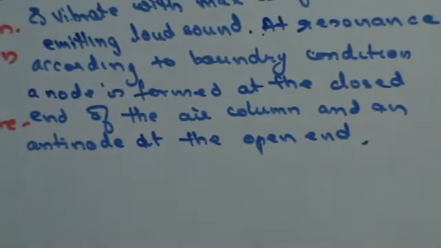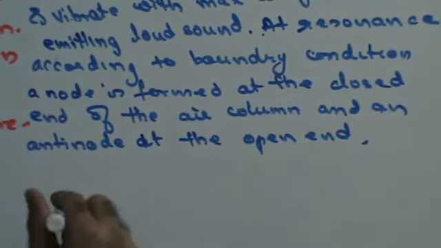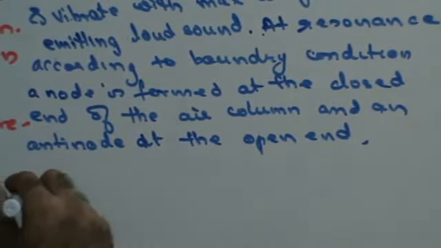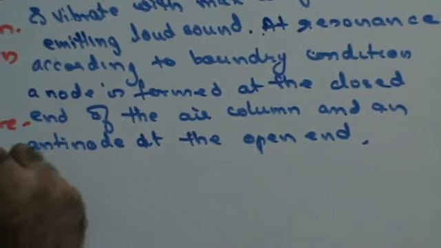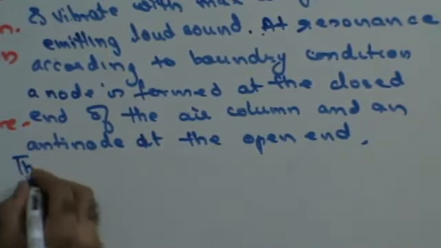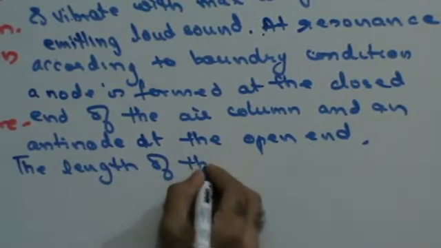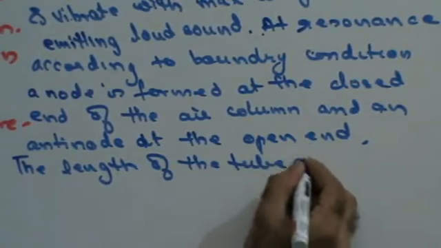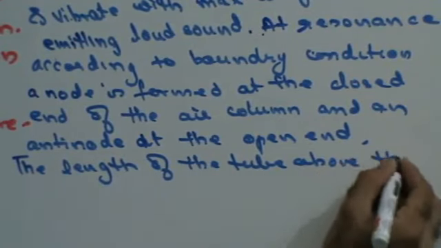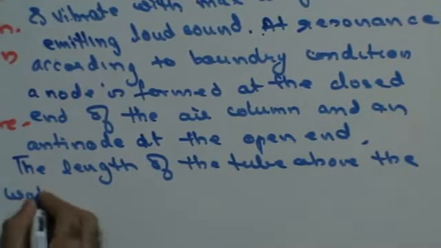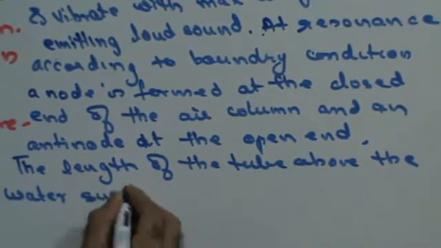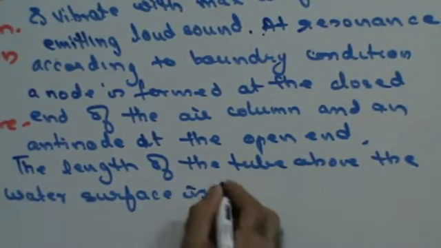Right? Now, the length of the tube above the water surface is the length of the air column.